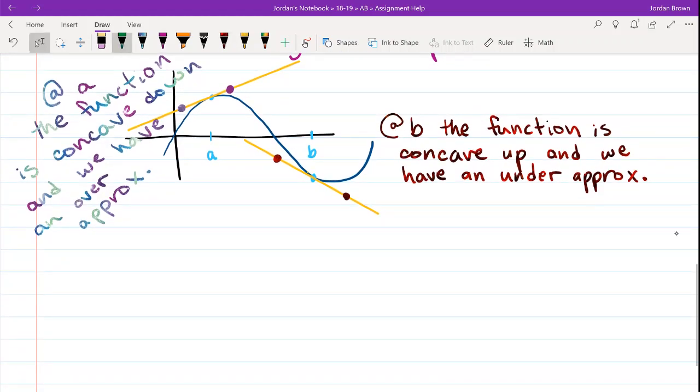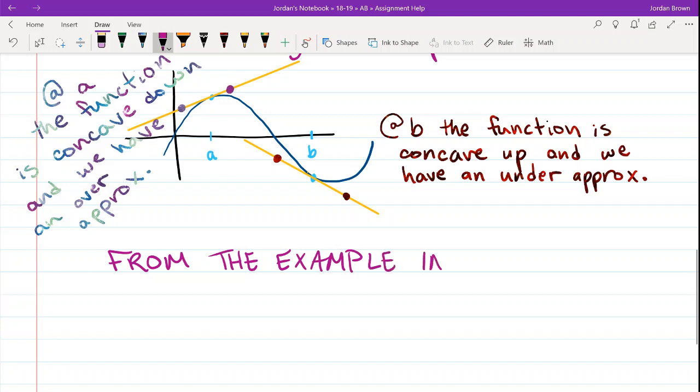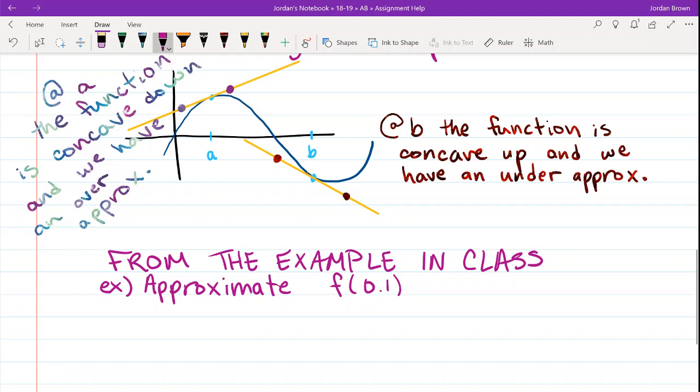So, from the example in class, I told you to approximate f of 0.1, given f of 0 equals 1 and f of x equals 1 plus sine x.